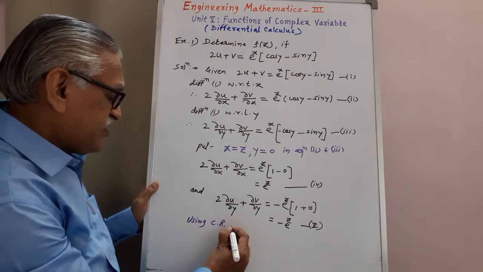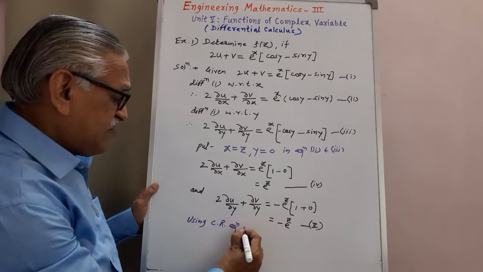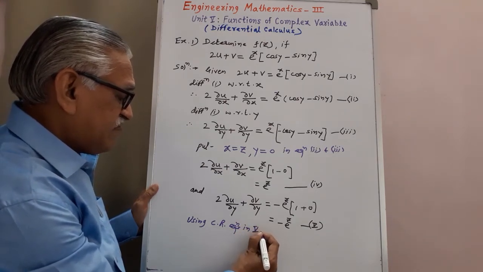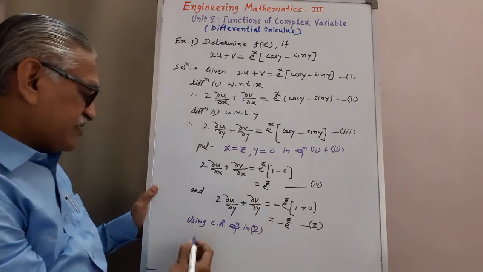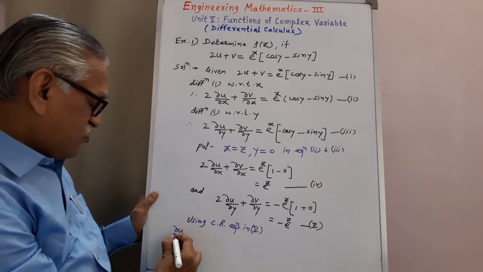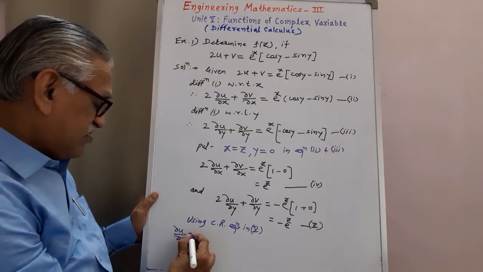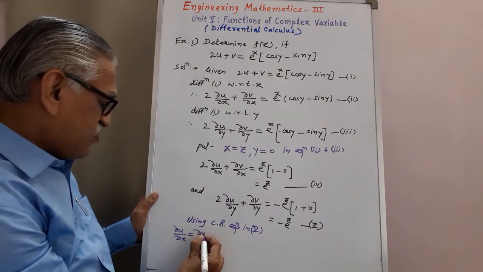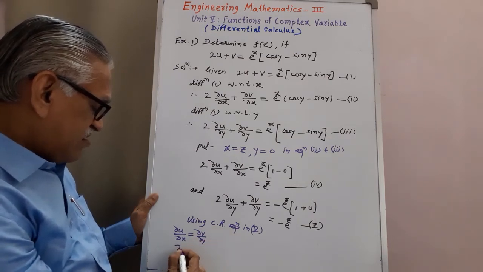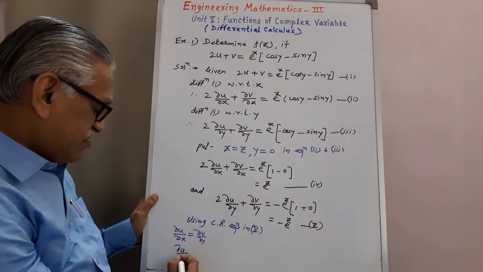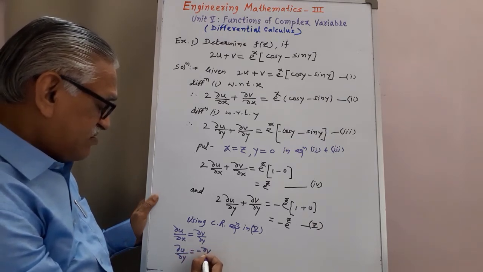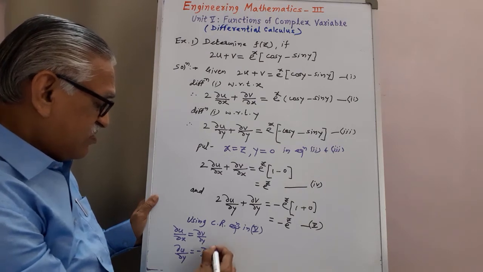Then using CR equations in 5th, let's say our equations are dou u by dou x is equals to dou v by dou y, and dou u by dou y is equals to minus dou v by dou x.